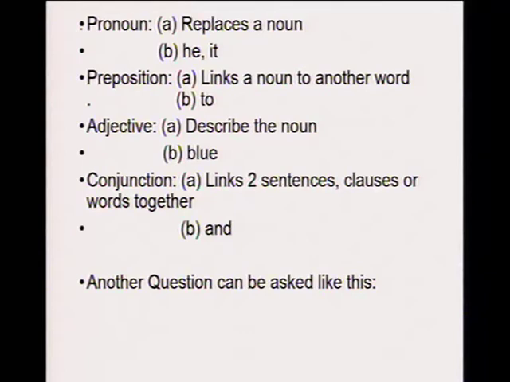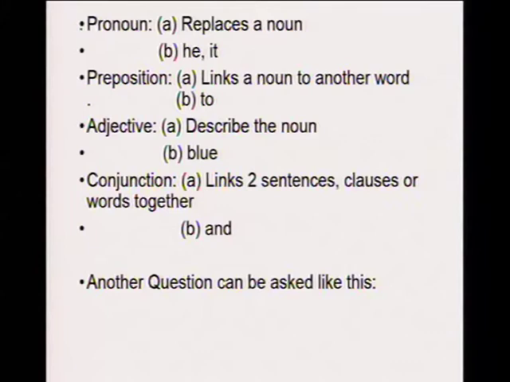The next one is conjunction. Conjunction is a place where two things are glued together. So the work of a conjunction is it links two sentences or clauses or words together. And the conjunction in this sentence is and.